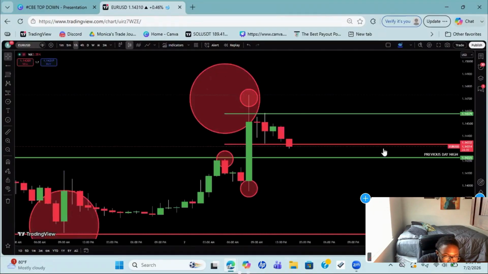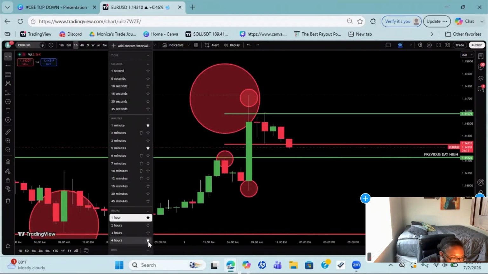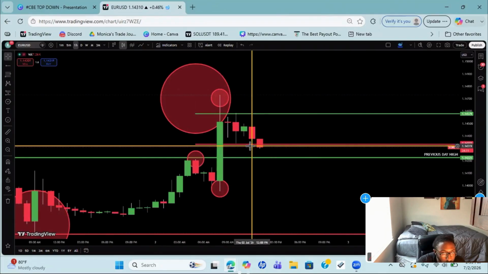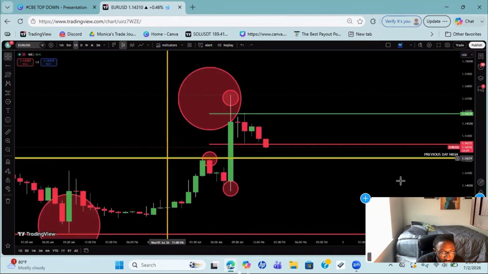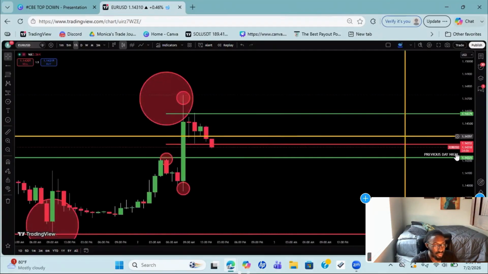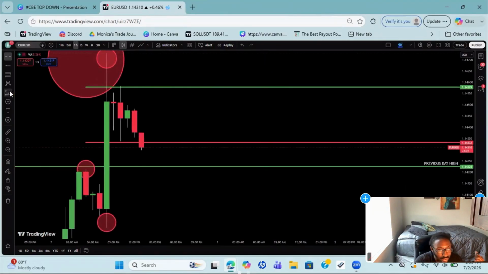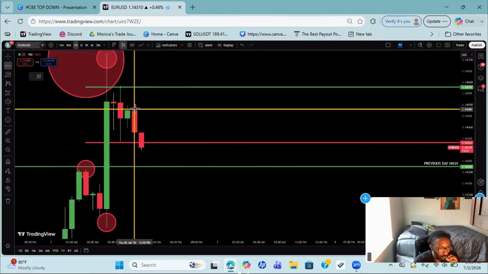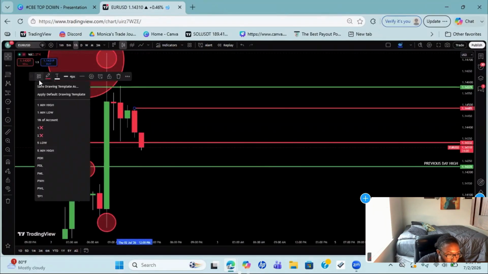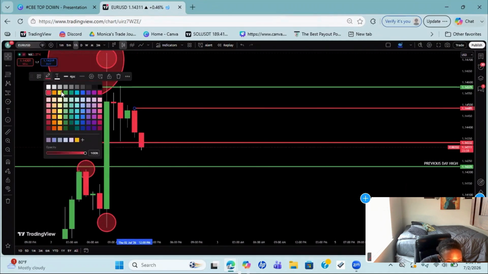Which one is clear? I would say the 1 hour is clear because it's interacting with that previous 4 hour level, right? The 4 hour isn't as clear because we only have that one candle for this example. Just like the last one, the 4 hour was better. Boom, we're marking up the previous 1 hour high and previous 1 hour low, right?